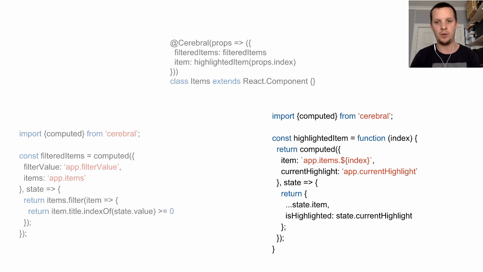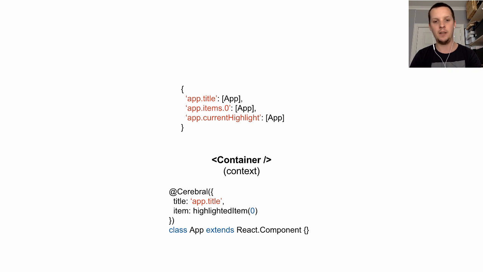So if you remember, here we have app.items and the index and app.currentHighlight. That has been extracted and also passed to the container. And if this highlighted item had a dependency to another computed, that would also be extracted when the component registers to the container.